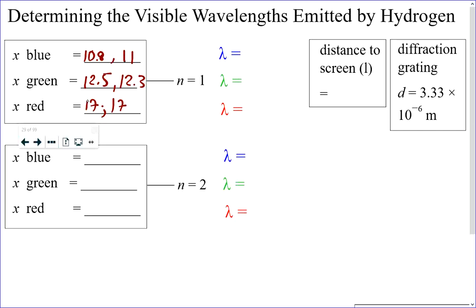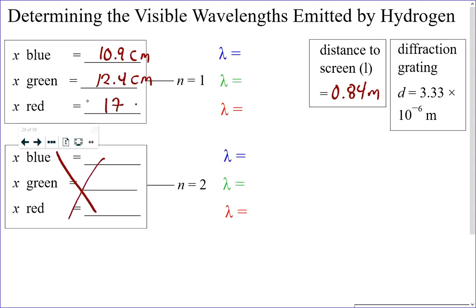It wasn't right on the edge there, so I'm going to measure L. I'm going to say L is 84 centimeters, so 0.84 meters. If you average 10.8 and 11, you get 10.9 centimeters. If you average 12.5 and 12.3, you get 12.4 centimeters. These average out to 17, and we're not doing this.